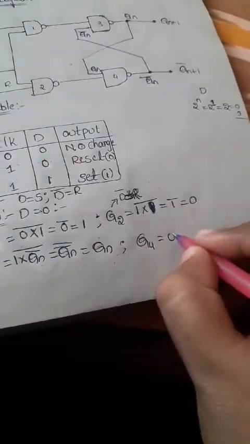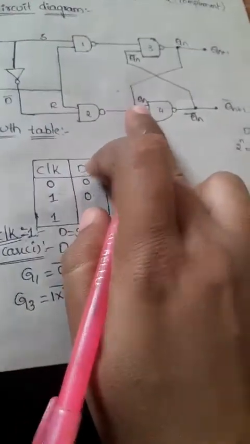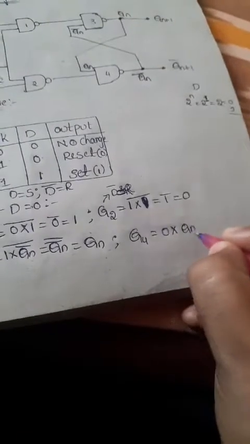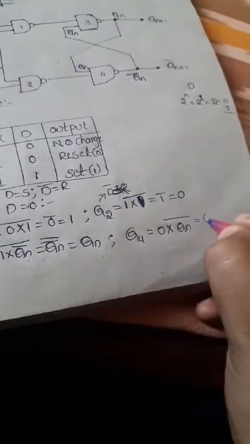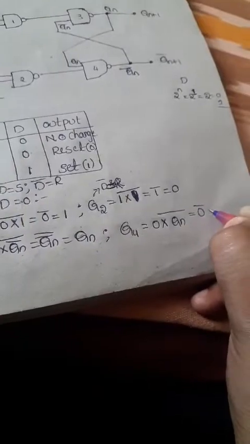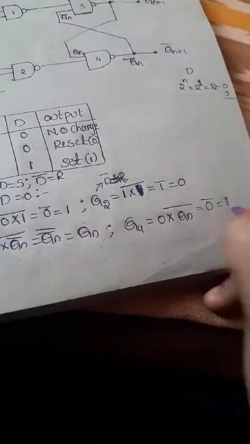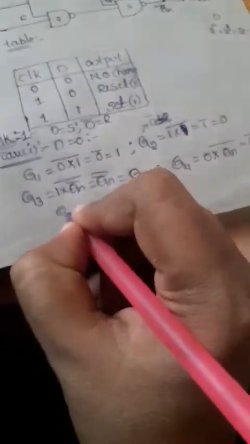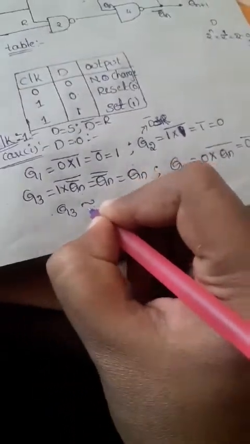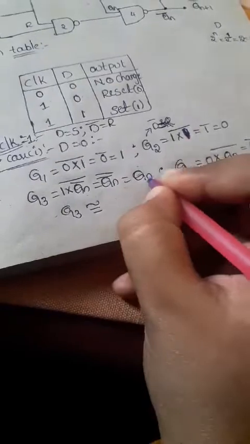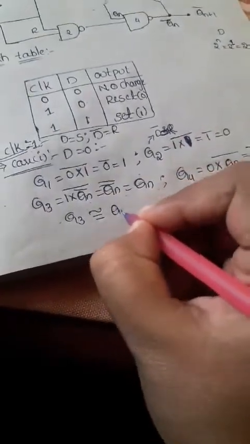One input is the G2 output, which is 0, and one more input is Qn. So 0 into anything is 0. 0 complement, what is the result? 1. So now we can say that the G3 result is exactly equal to the Qn plus 1 result.